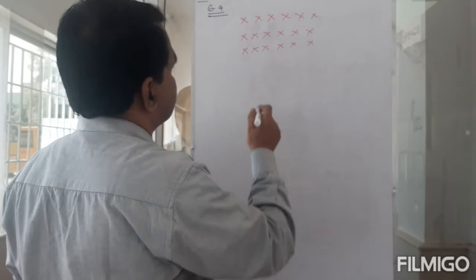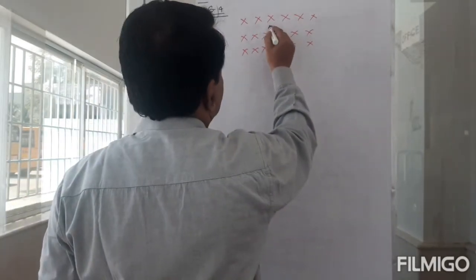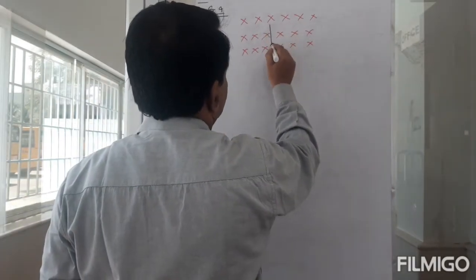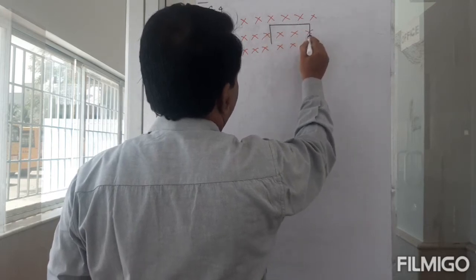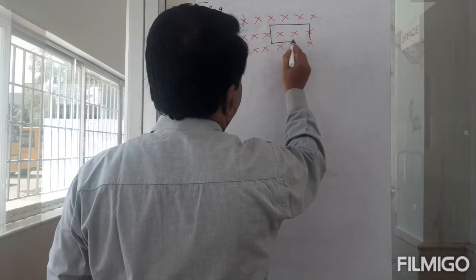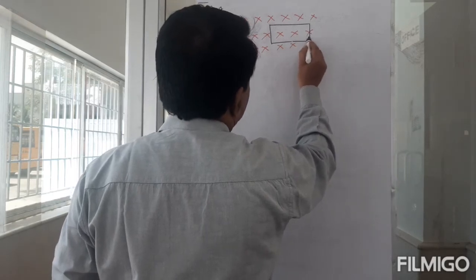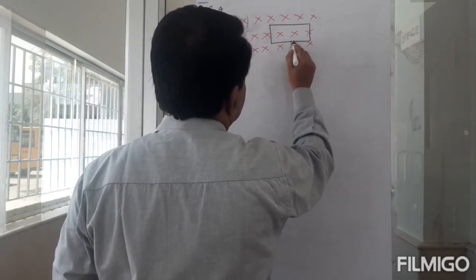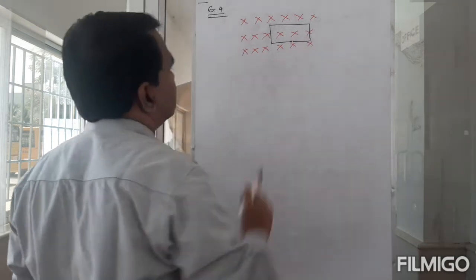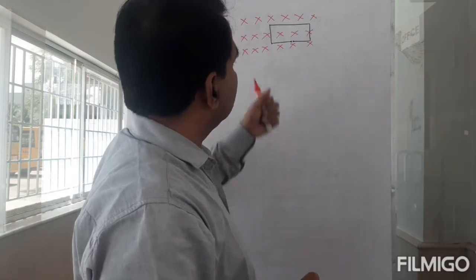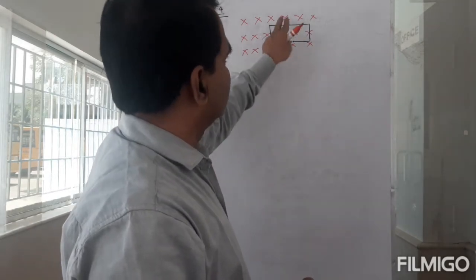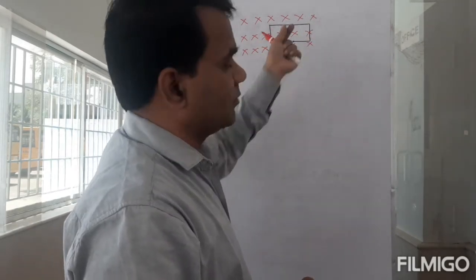Let us suppose that I have that like this. There's a small cut, meaning that this is open here. So, whatever voltage is getting induced will be available here.